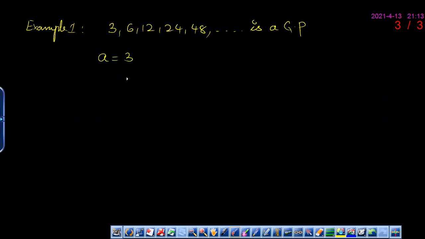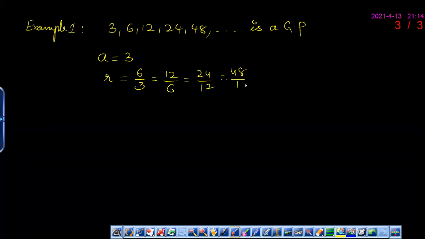Tell me how to find the common ratio R. 6 by 3, then 12 by 6, then 24 by 12, then 48 by 24.